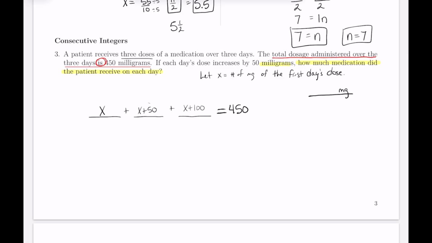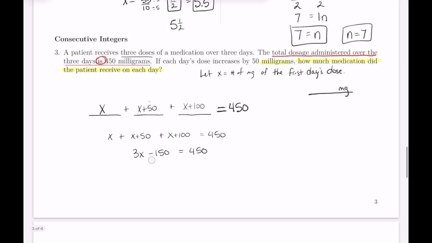Okay, so if we go through and combine our like terms now, so I have X plus 50 plus X plus 100 equals 450. When we combine our like terms, I get 3X plus 150 on the left-hand side equals 450 on the right.